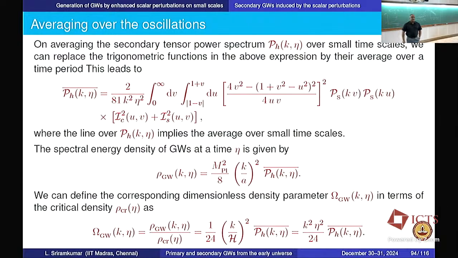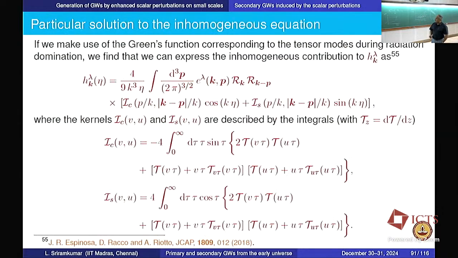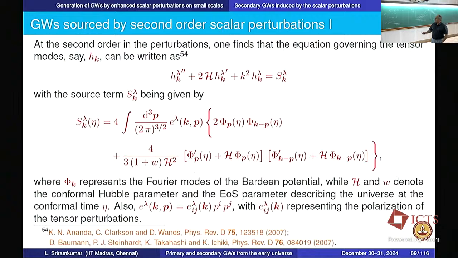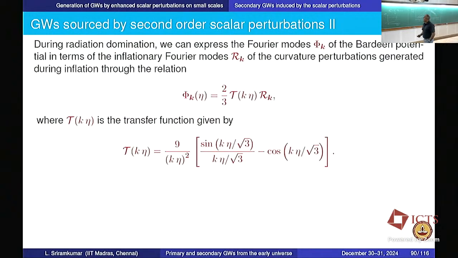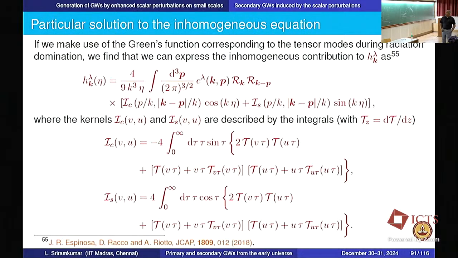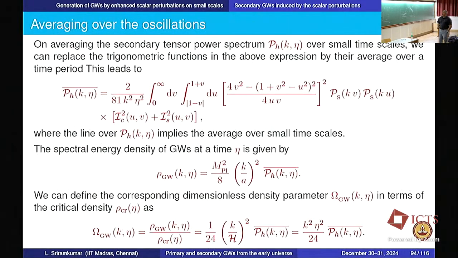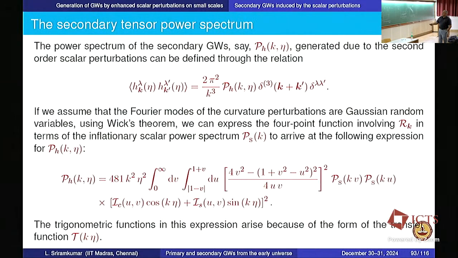There is something I have not highlighted. Remember, h_k contains products of Bardeen potentials. And the Bardeen potentials in turn will contain products of the curvature perturbation. And the products of curvature perturbation, when you evaluate this expectation value, will involve products of the power spectrum. There will be four R_k, right? Each h_k contains two phi_k, all right?